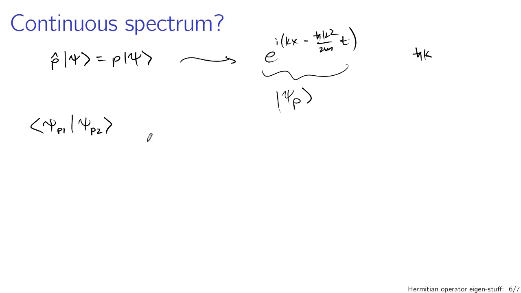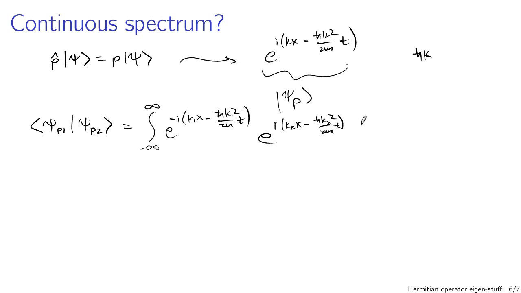Well, if you write this out in the language of wave functions that we've been working with so far, this is going to be the integral from minus infinity to infinity of, first of all, psi sub p1 complex conjugated, so that's e to the minus i k1 x minus h bar k1 squared over 2mt, multiplied by e to the plus i k2 x minus h bar k2 squared over 2mt. This is all integrated dx from minus infinity to infinity.